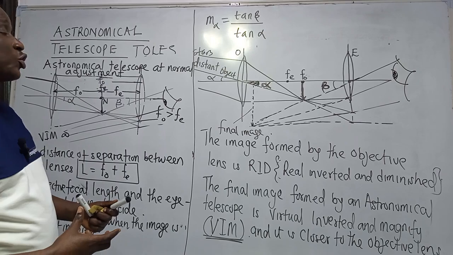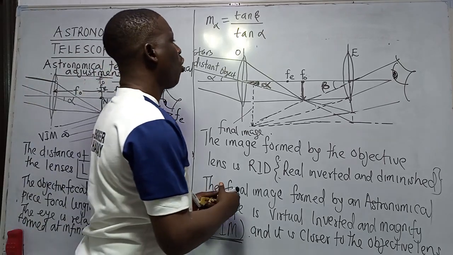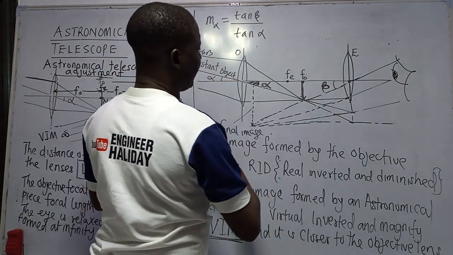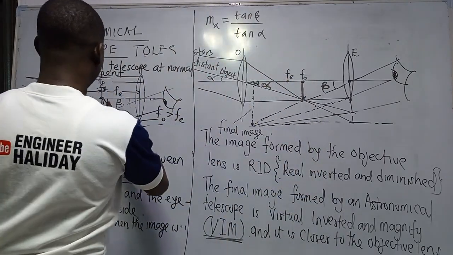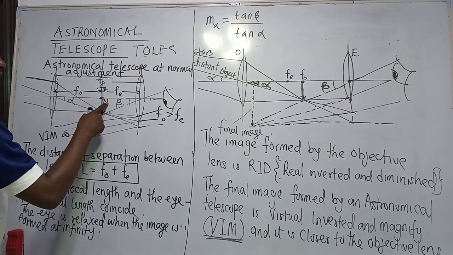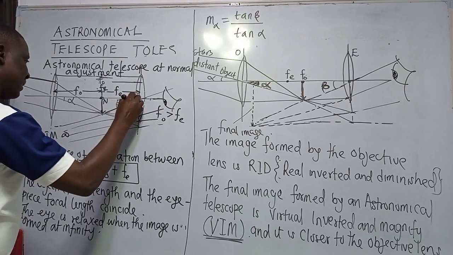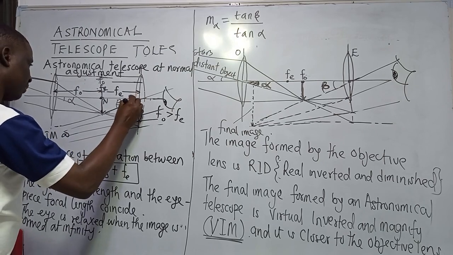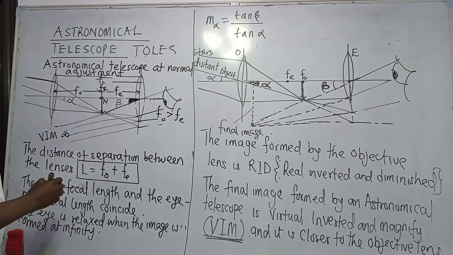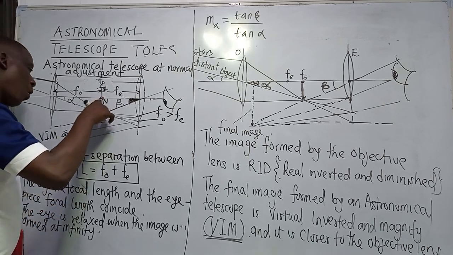Let me use this as the basis of the analysis. If you check this angle here, tan beta is opposite over adjacent.